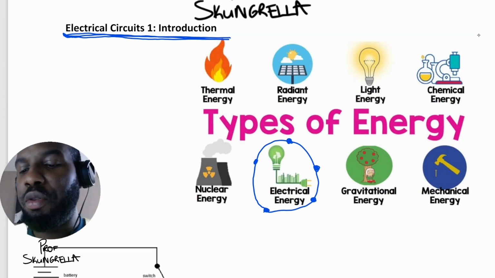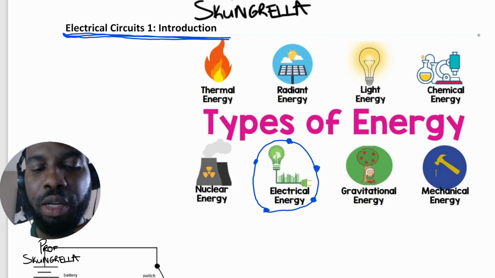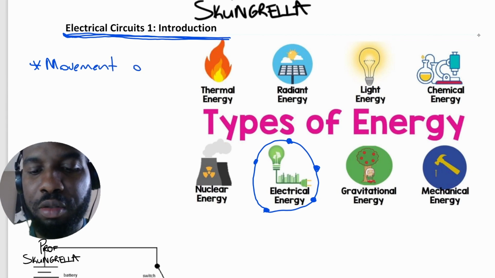Now, the basis for electrical energy is the movement of free electrons. Again, I'll make a note of that. The basis of electrical energy is the movement of free electrons. Very important. Movement of electrons.